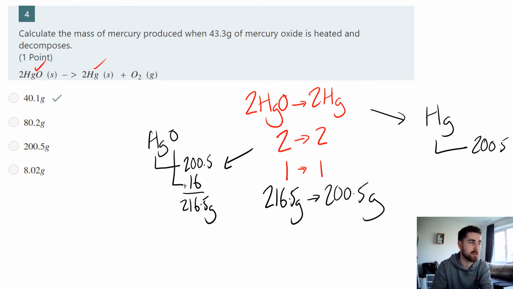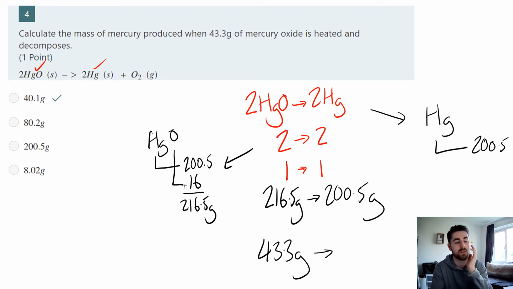But what we actually have is 43.3 grams. So how much mercury would be produced if we started with 43.3 grams of mercury oxide? The way we get from 216.5 down to 43.3 is that we need to divide it by 5.